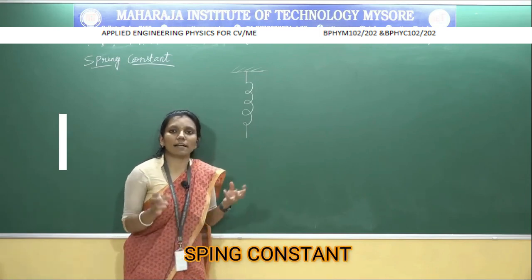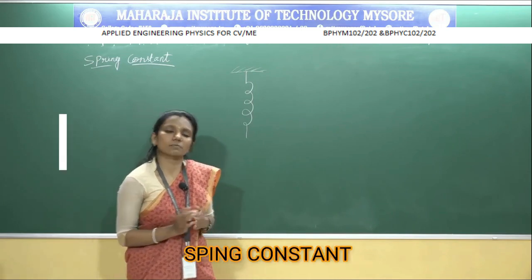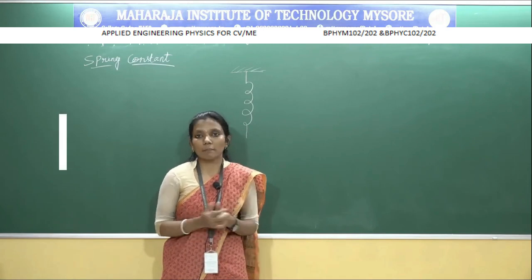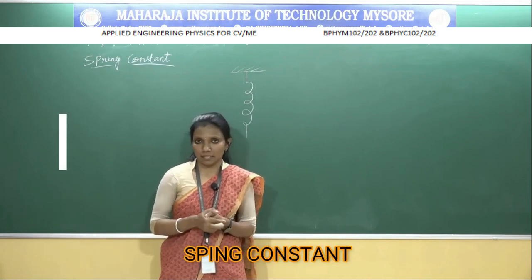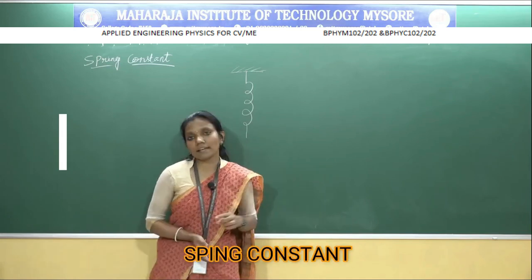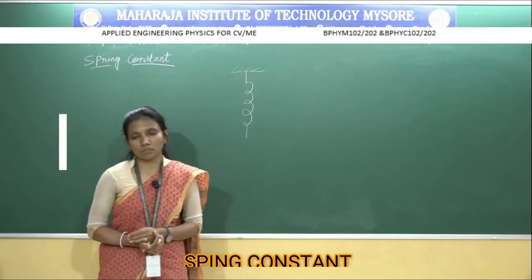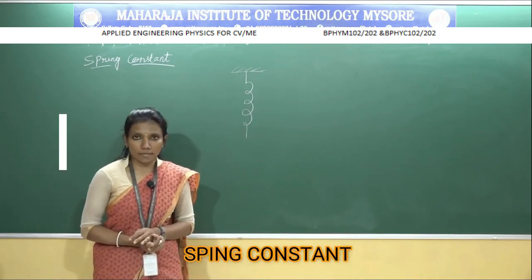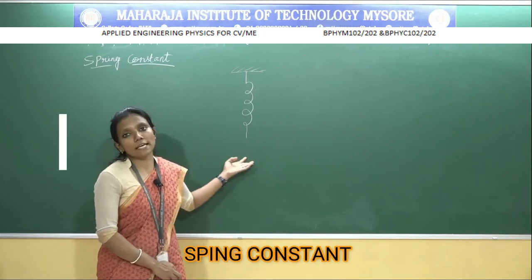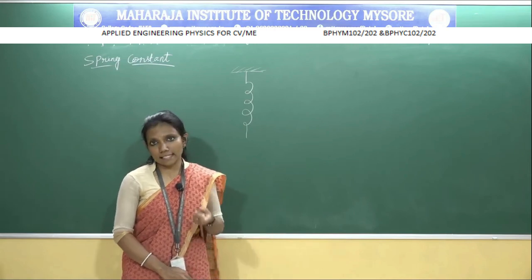It says how much the spring can elongate or compress within the elastic limit. So the spring constant is defined as the magnitude of the force acting on a spring that produces a unit extension or compression within the elastic limit.